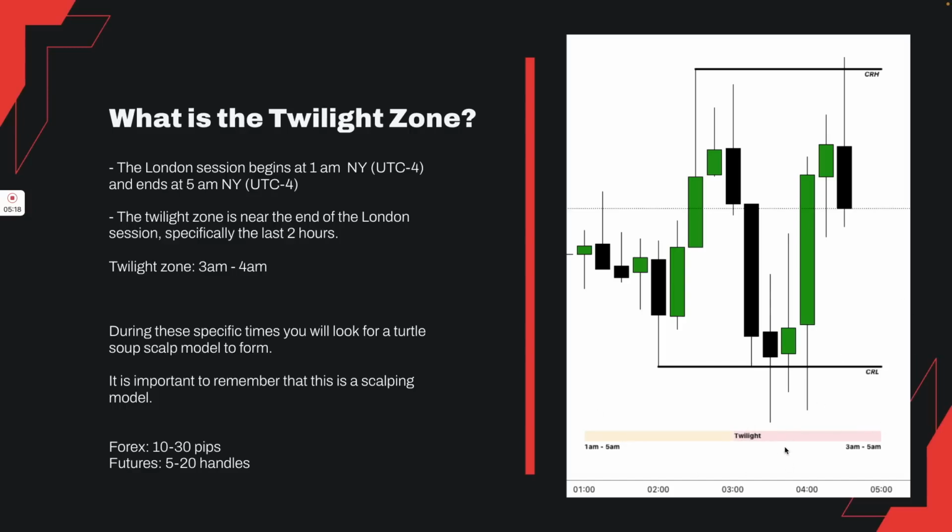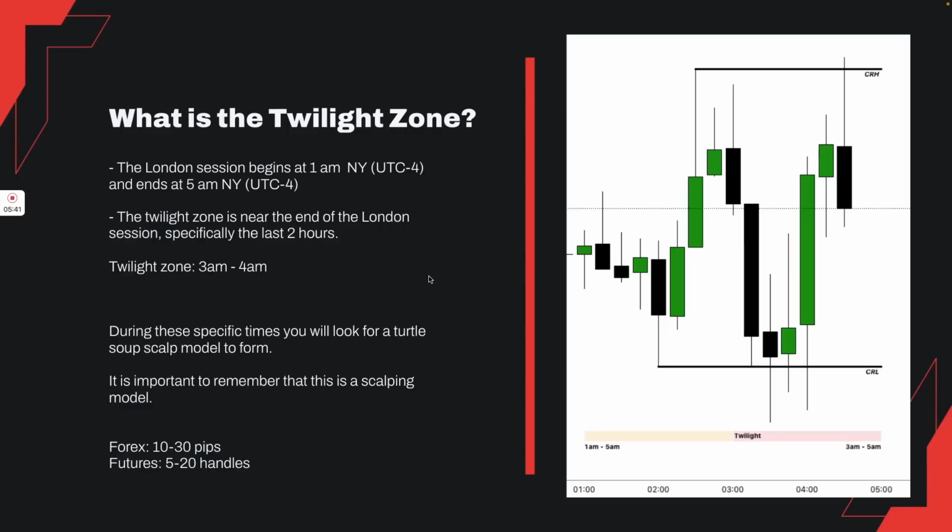And as you can see, we have a reversal within the twilight zone. This is exactly what we will be trying to catch. Not this move. During these specific times, you will look for a turtle soup scalp model to form.